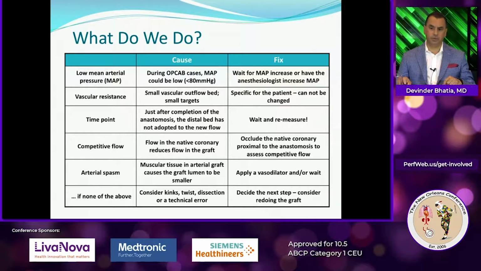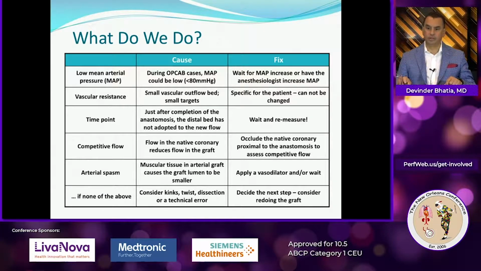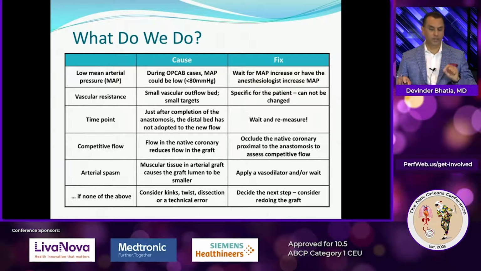Arterial spasm we spoke of as far as applying a vasodilator directly on the bypass graft. This is typically in the mammary arteries, not the veins so much. And then if none of the above seem to fix the abnormal findings, then you have to decide on the next step, which is consider redoing the graft.